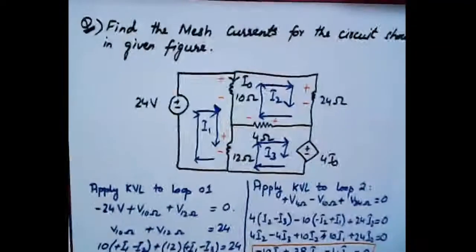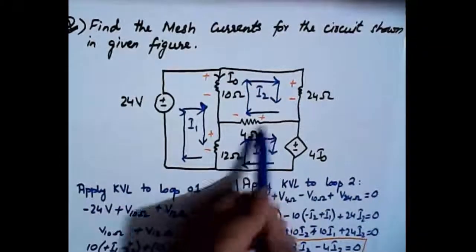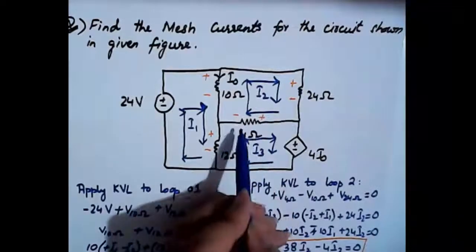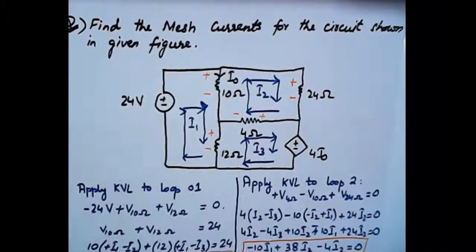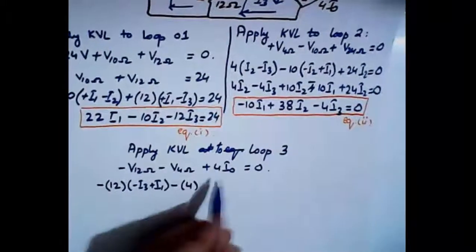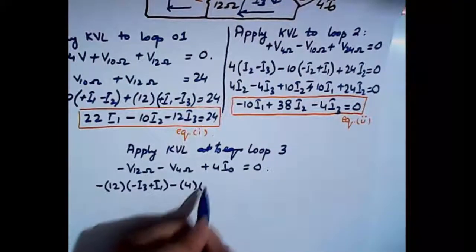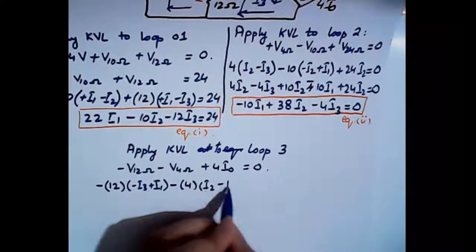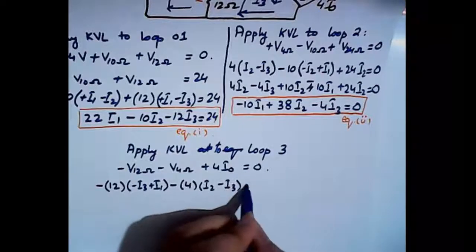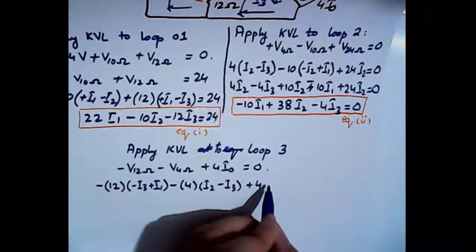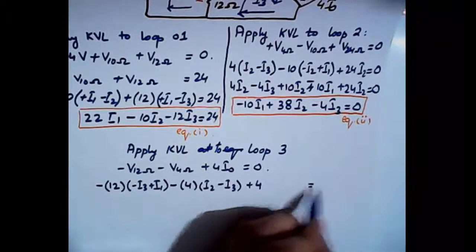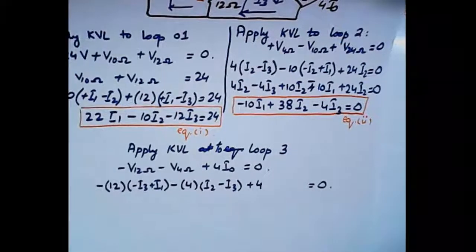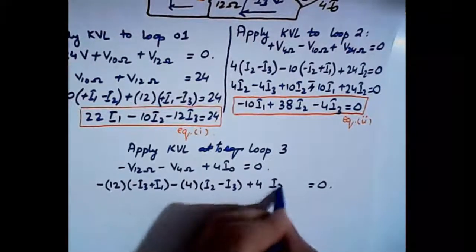Similarly, for the 4 ohm resistance, we can see here I2 is entering the positive terminal, I3 is entering the negative terminal, so it will be 4, which is the resistance, I2 minus I3, plus 4 I0 is equal to 0.